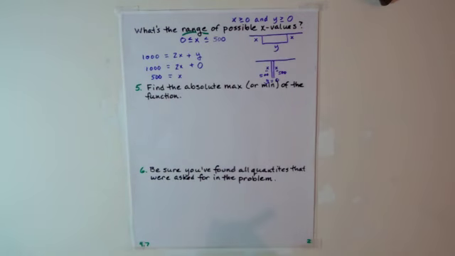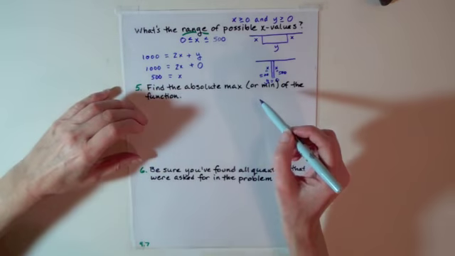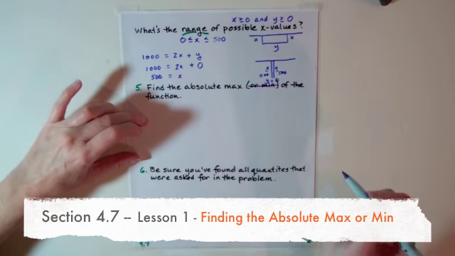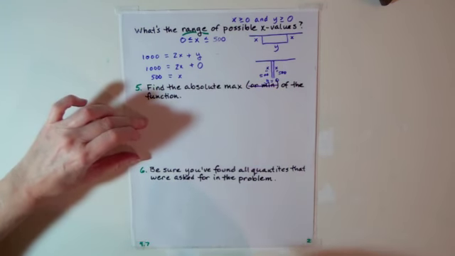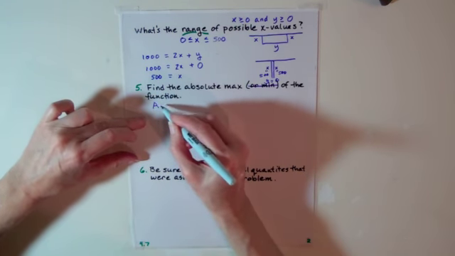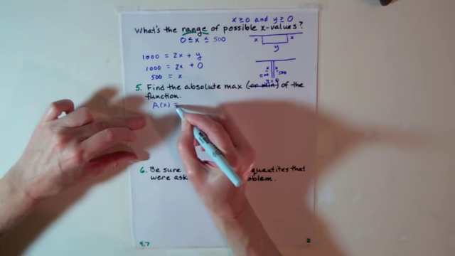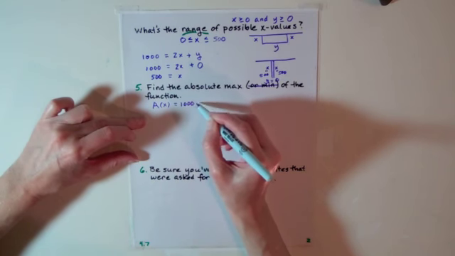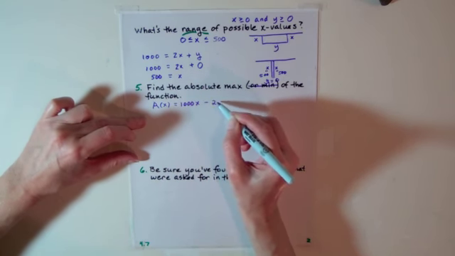Okay, let's look at step 5. It asks us to find the absolute maximum. It says maximum or minimum, that's in general, but we are asked to find the maximum of our function. Remember that the function we're trying to maximize is the area of this rectangle. We already wrote it purely as a function of x. It's 1000x minus 2x squared.